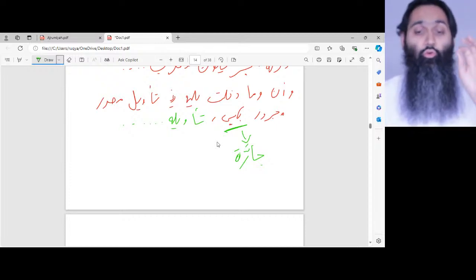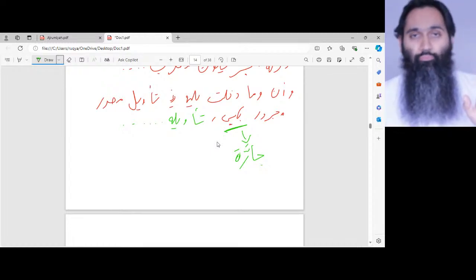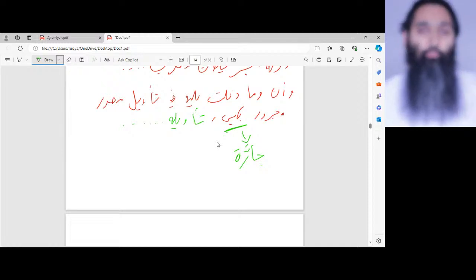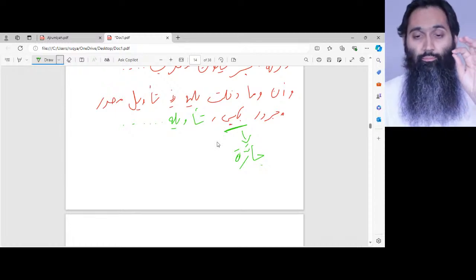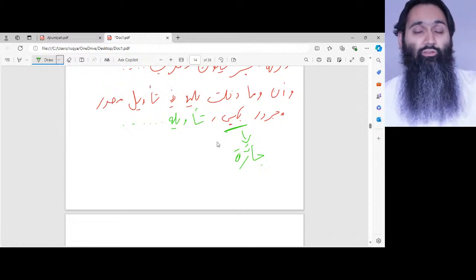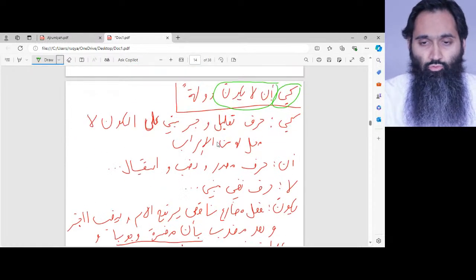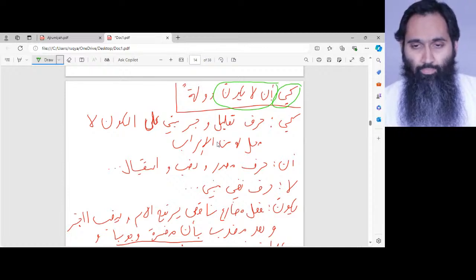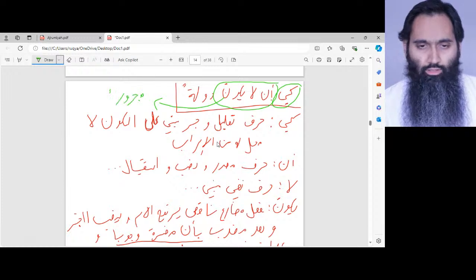The majroor of K is always fi'l mudari' preceded by an. So the majroor of K can only ever be fi'l mudari' which is mansoob by an. Here is the majroor of K.